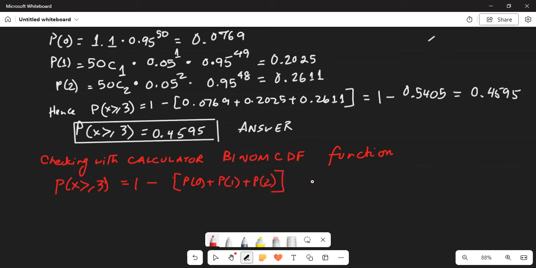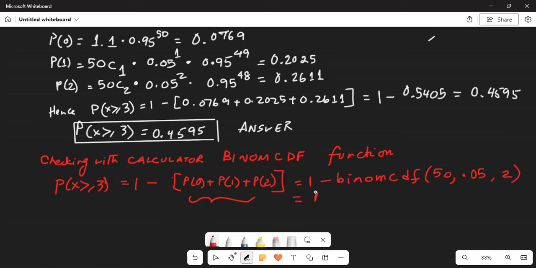And in our calculator, this is 1 minus binomial CDF. My n, the total number of trials, is 50. My probability of success is 0.05. I'm adding from 0 to 2. X is always the last item I'm adding up to.